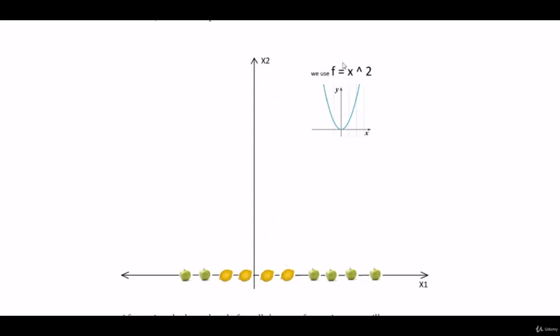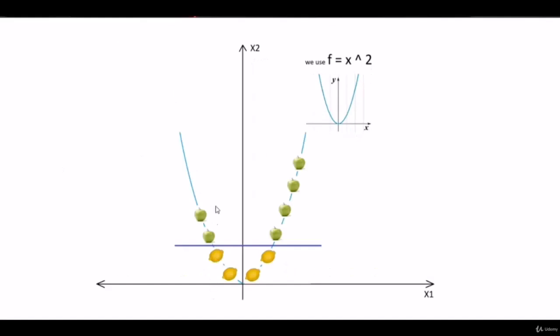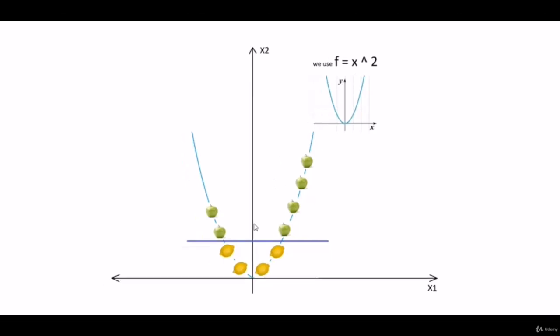We all know that the x squared function creates a curved line from 0 on both the right hand side and left hand side. Applying this function over this axis and projecting the data points over it, you can see that the green apples will be on the curve and the yellow lemons will also be on the curve, and you can create a hyperplane which will split these data points from each other and make a classification model.